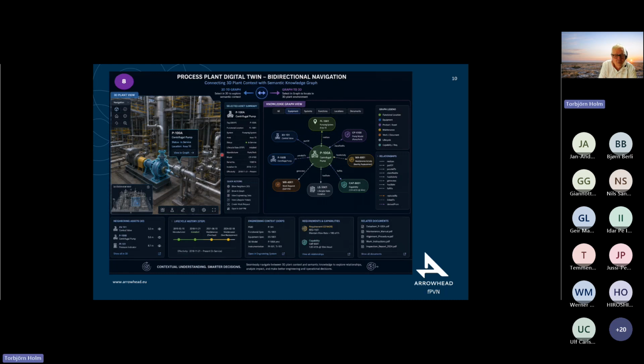We can walk from the knowledge graph side to the right, and we could click on something there, and we could see where it is in the 3D world, and we can click on something in the 3D world and get to the correct class in the knowledge graph.